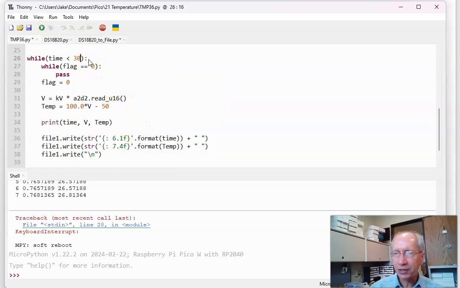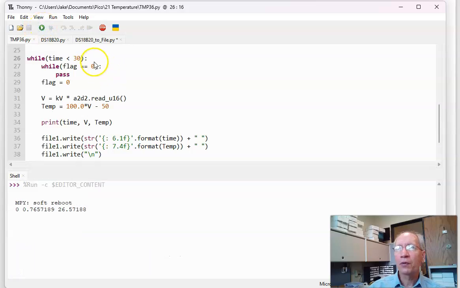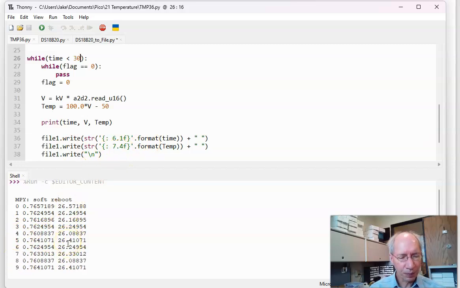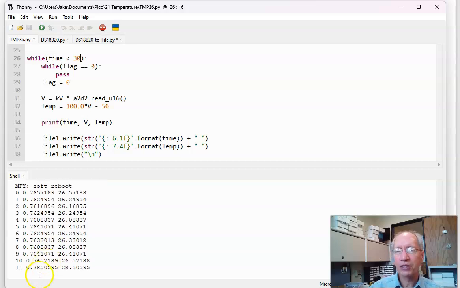For 30 seconds, I'm using a timer interrupt to set the sampling rate to 1 second. For 30 seconds, there's the voltage, calculate the temperature, and display it. So here's the sample, voltage, temperature. I hold my finger over the sensor. You can see the voltage is changing. The corresponding temperature is changing.